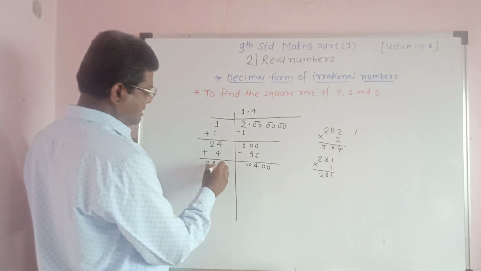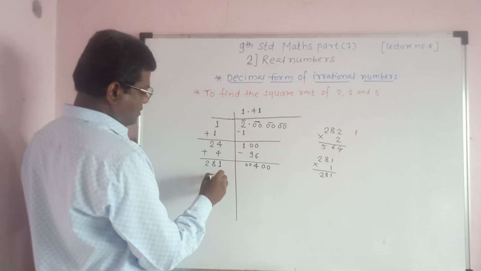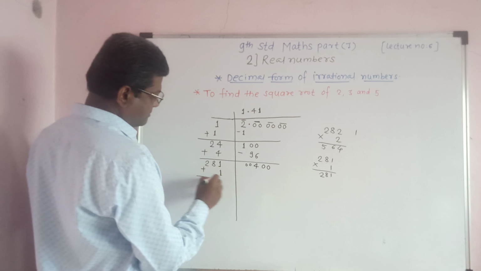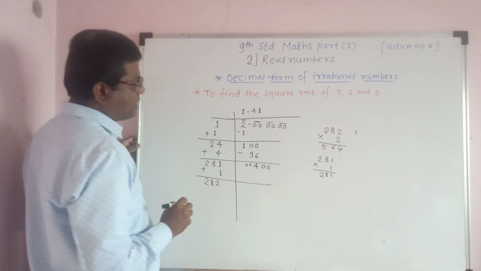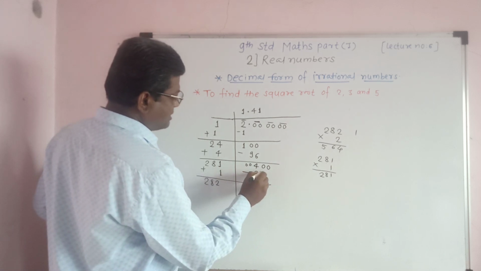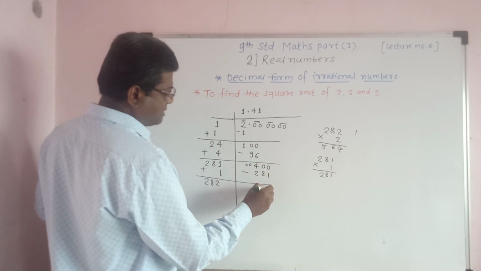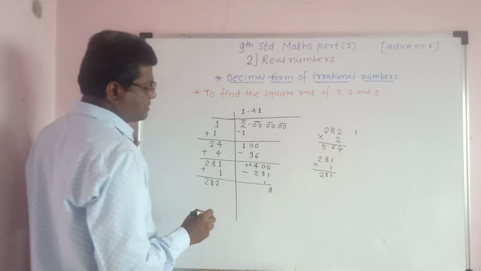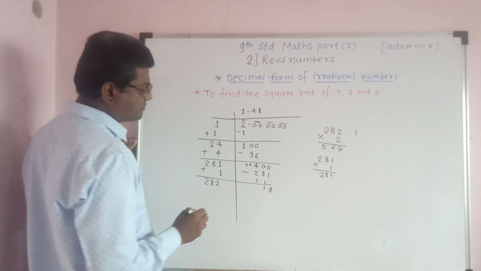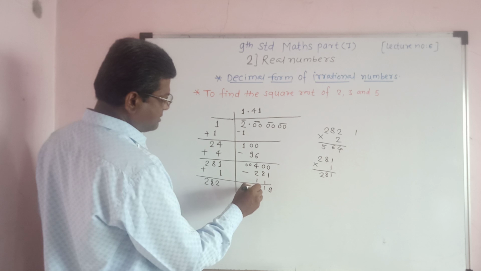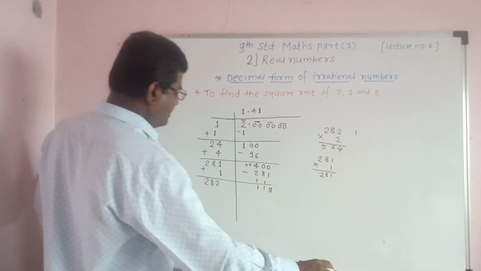Therefore, we write here 1, here 1, add 1 to this number, and this will be 282, and subtract 281 from 400. So 10 minus 1 is a 9, 10 minus 9 is a 1, carry 1, 4 minus 3 is a 1, so it will be 190.